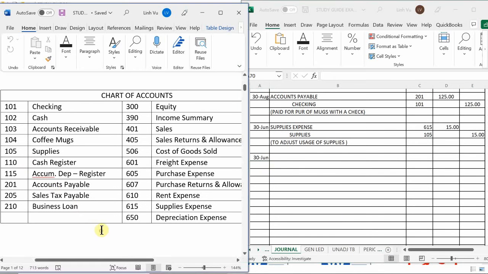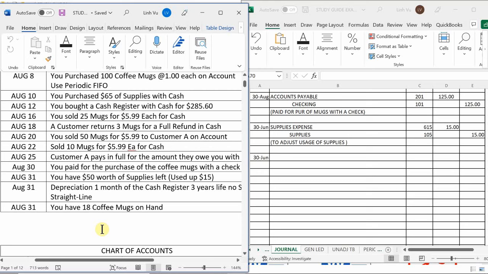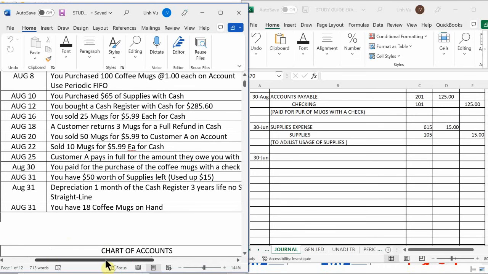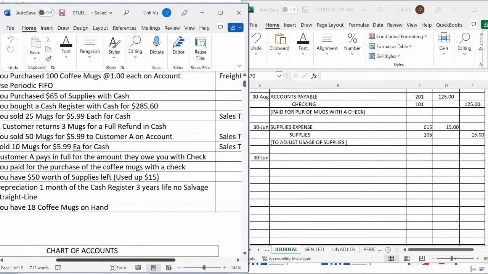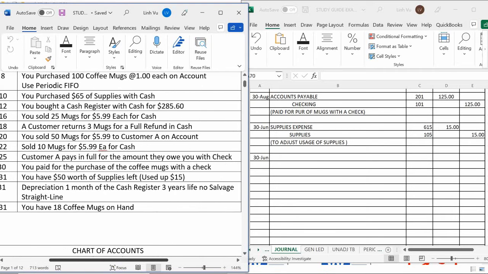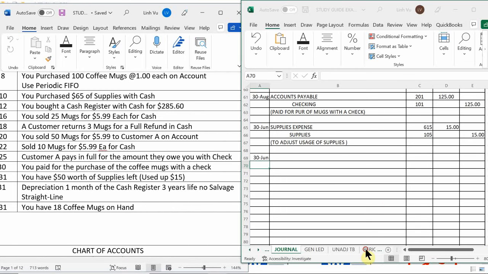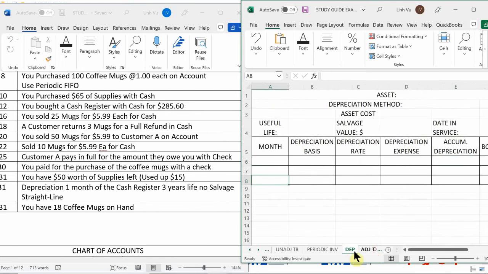Next one we have here, right? We need to depreciate 1 month's worth of the cash register. It has a 3 years life, no salvage value, and we're going to use straight line. So you should have a depreciation table in here somewhere.